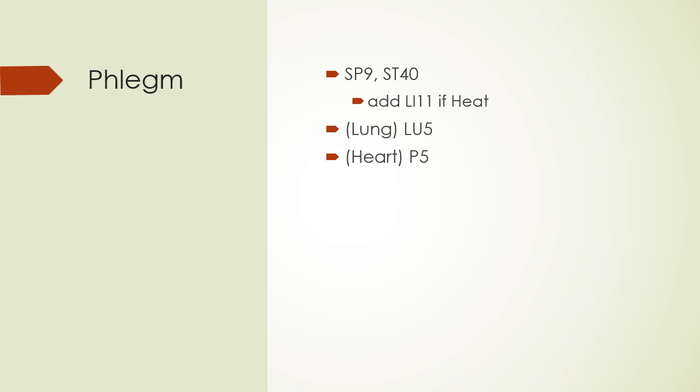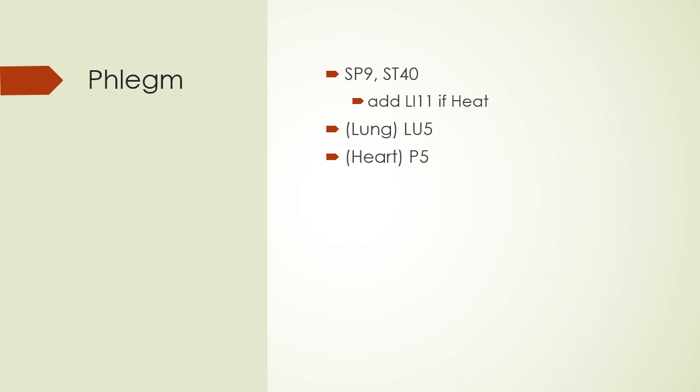Phlegm typically arises from stagnant, untransformed fluids, i.e. dampness, and so we'll use spleen 9 very commonly, as well as stomach 40. Stomach 40 is probably the most commonly used point for phlegm. If there is heat, then we can add large intestine 11.